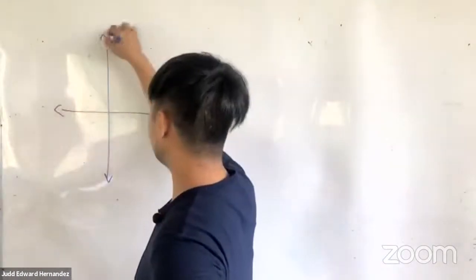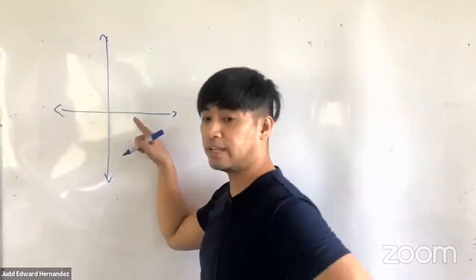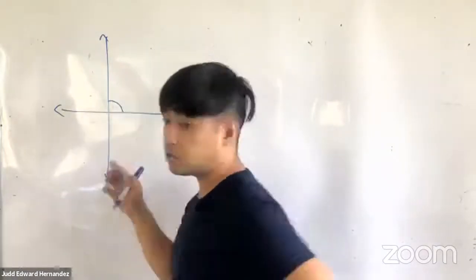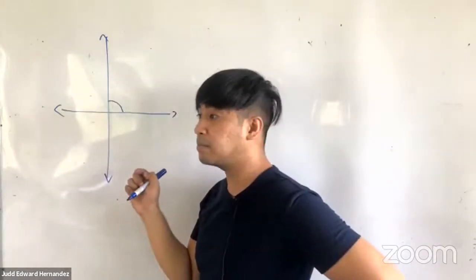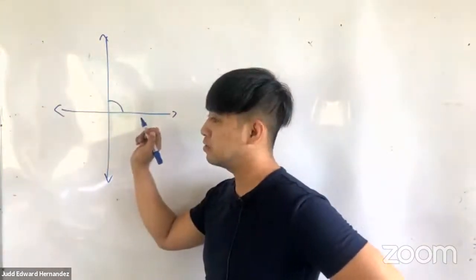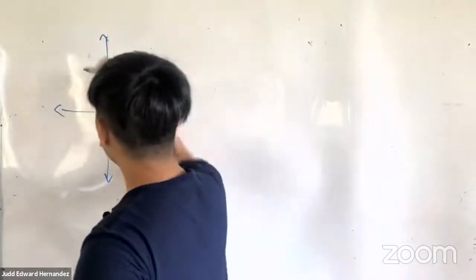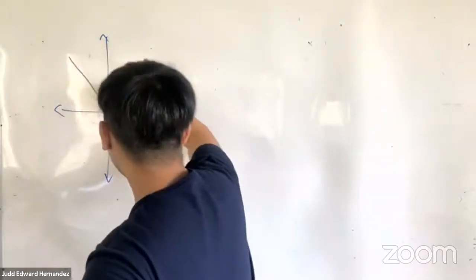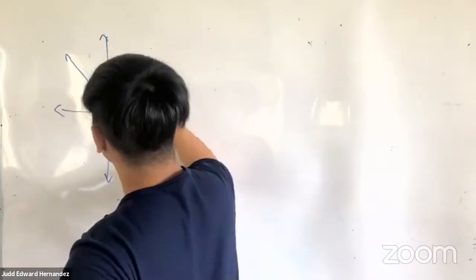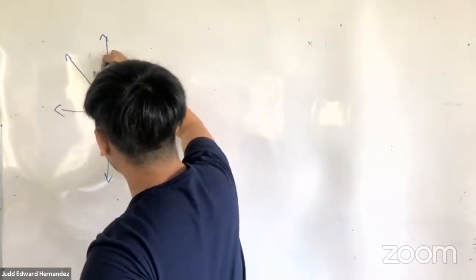Since that is positive, therefore paangat dapat yung angle natin. So kung paangat siya, this is 90. So ilan pa yung kailangan ni 90 para maging 135 degrees? 45. So this is now our angle, which is 135 degrees. So this is our 45 degree angle.